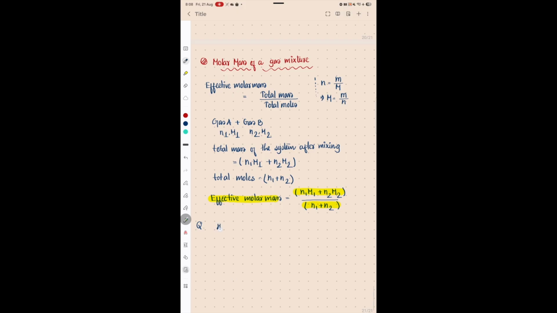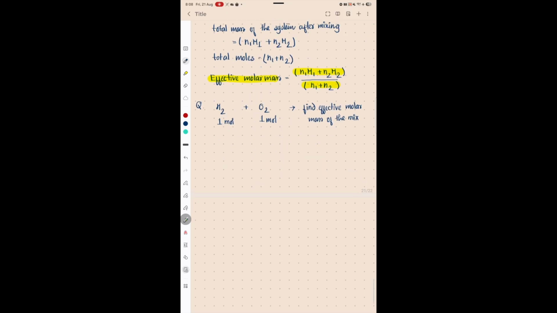Let's say hydrogen and oxygen get mixed. Hydrogen is, let's say, 1 mole and oxygen is 1 mole, get mixed. So find effective molar mass of the mixture, right?